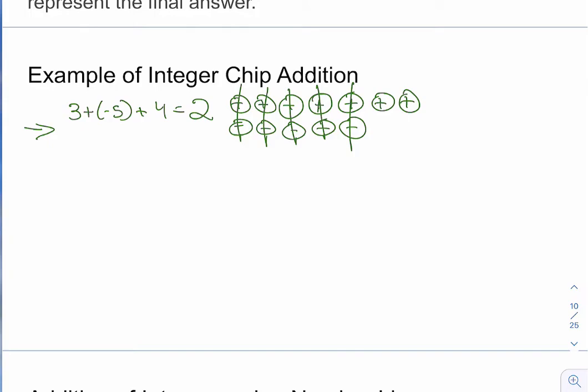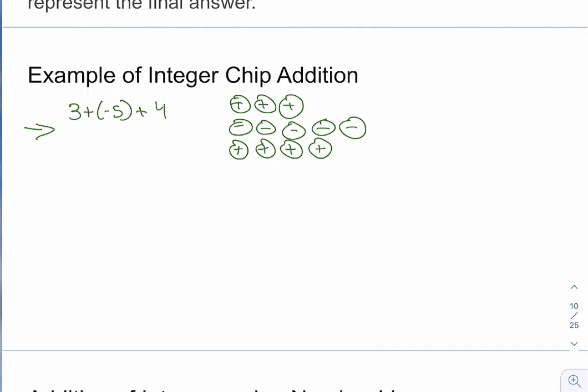Now if we back that up a little bit. Sometimes people will put this on the bottom, so they will put their 4 positive chips down here, which again is right, but you have to be careful here. Occasionally the mistake occurs when people then will cross this whole list off. Now our issue here is a 0 pair is a pair, so only 2 chips. So a negative and a positive.